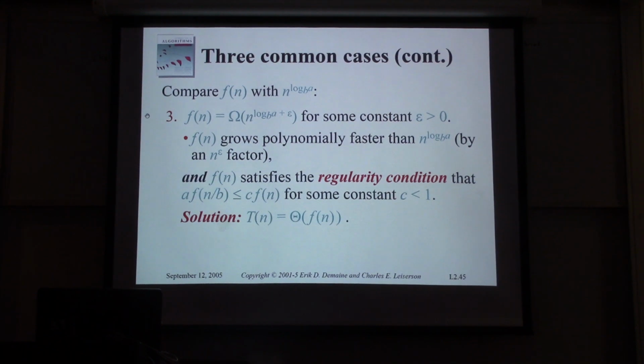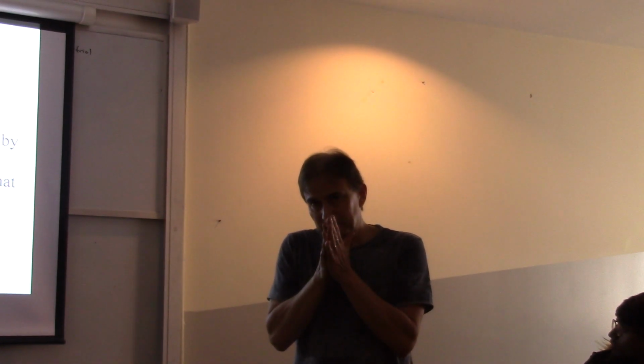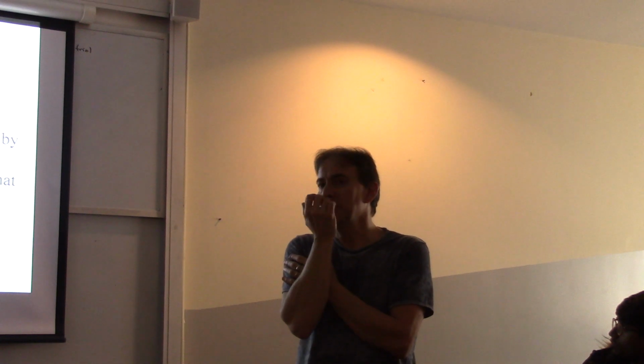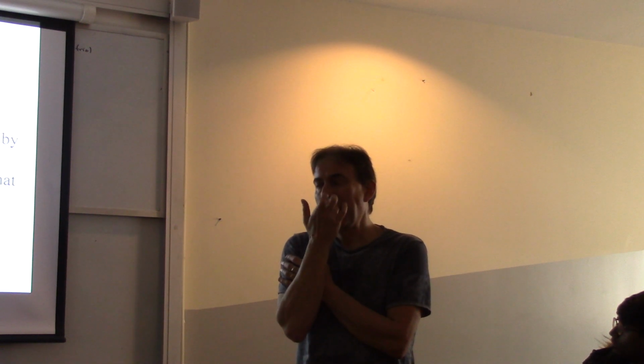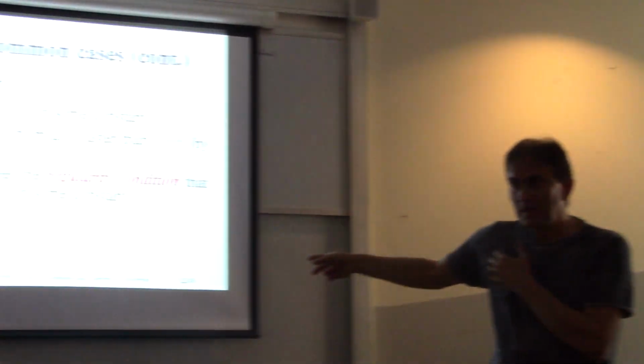So let's just think about what that said. It says, what's the actual work at level 0? F of n. And what's the T of n complexity? Theta f of n.